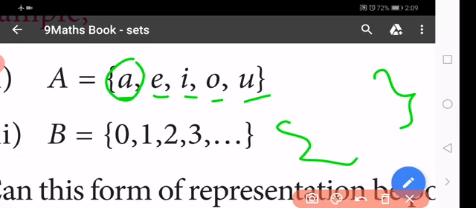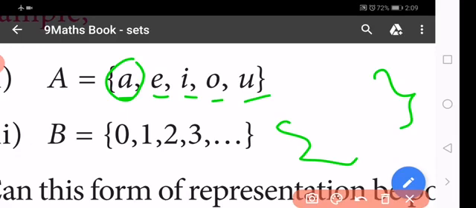For example, in 9th standard there are totally 100 students, which means we write each and every student's name only once. If we write any student's name more than one time, the total number of students will be more than 100.